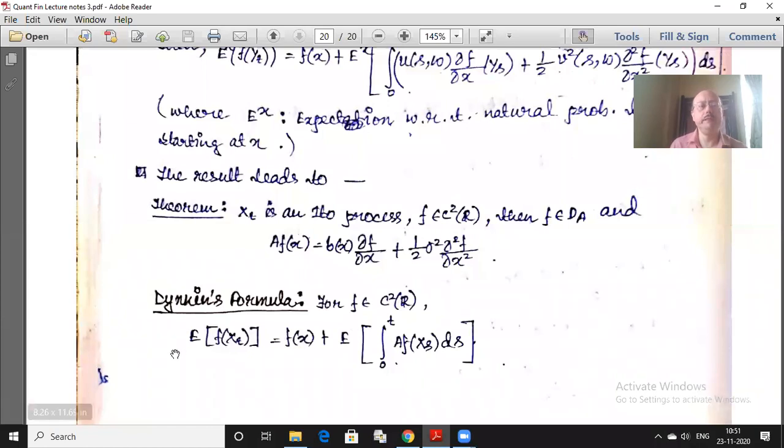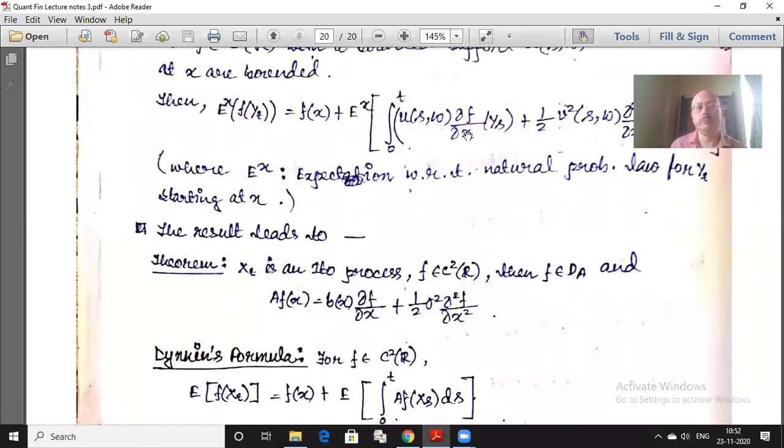So Dynkin's formula is just this expectation formula, where the expression inside, which we got from the Itô formula, we shorthand by using the generator symbol. So the expectation of f(X_t) is f(x) plus the expectation of the integral of Af ds.